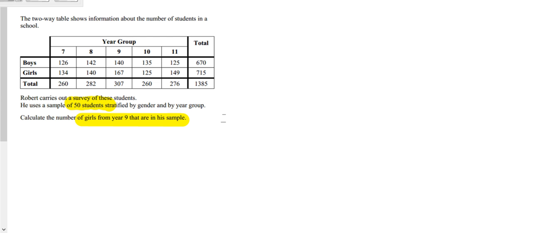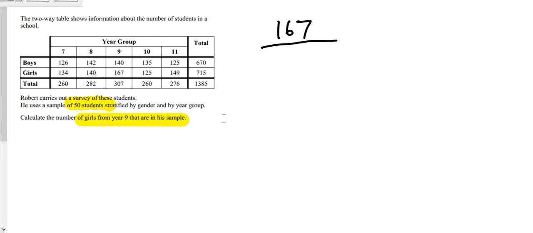Now, to start off, we need to work out what proportion of our population is in year 9 and is a girl. So if we use our table, we can see here that 167 students are girls and in year 9.